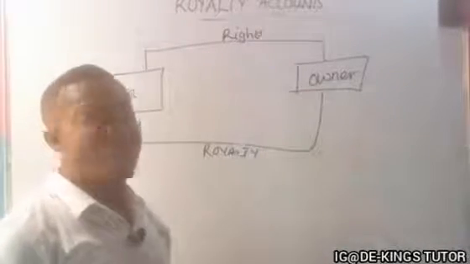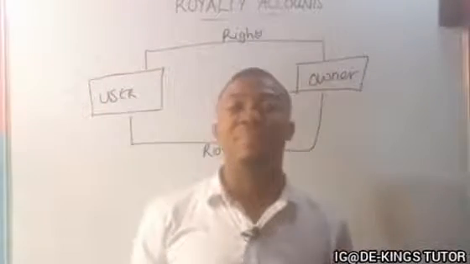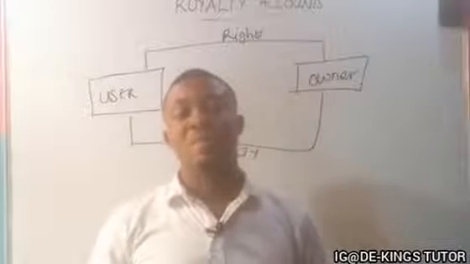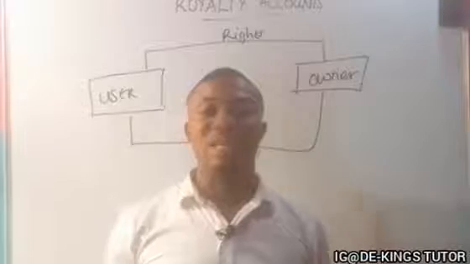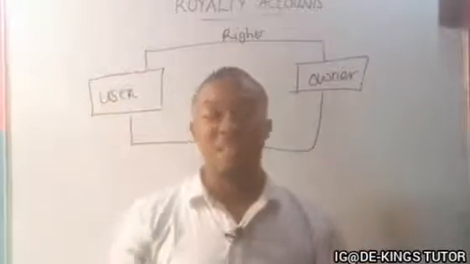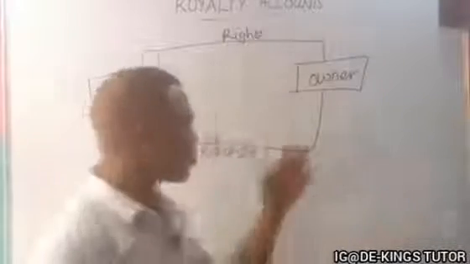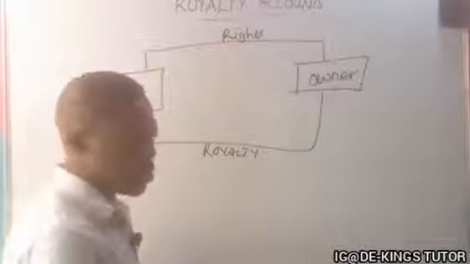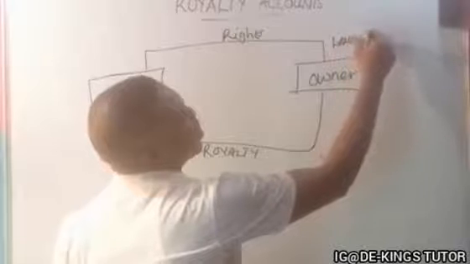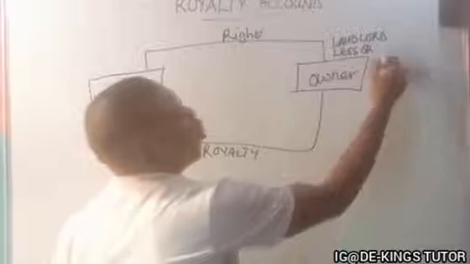The essence of giving owners rights is so that they can benefit from their inventions. Because if it is abused and used anyhow, you will not see some persons venture into inventing items that will be beneficial to the world. So the owner can also be known as the landlord, the lessor, or the grantor.